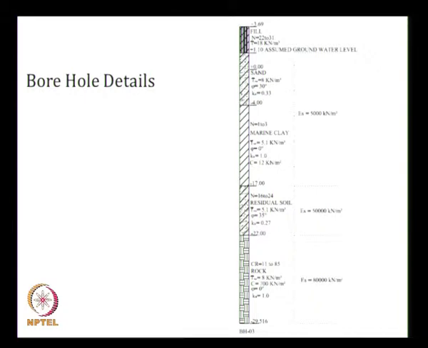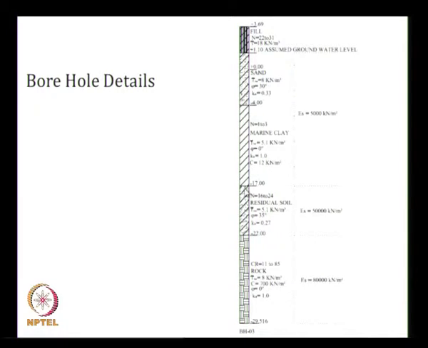Then we have the sand layer where gamma submerged is 8 kilonewton per meter cube, phi is 30 degrees, Ka can be calculated from this, and up to minus 4 we have this sandy layer.